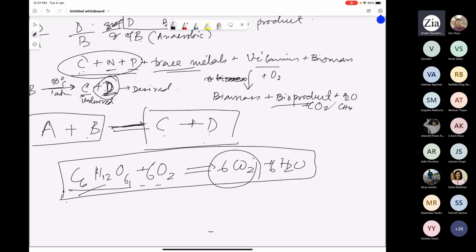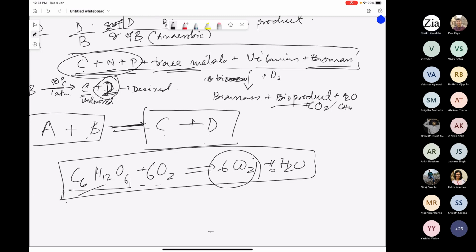Some substrate will be there where you get vitamins, and then you will have a certain amount of biomass. So all these components should have a defined formula, like glucose. If we are using glucose as carbon source, we get a defined formula.